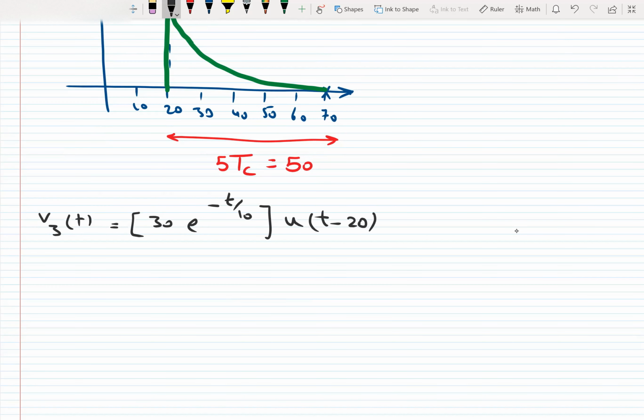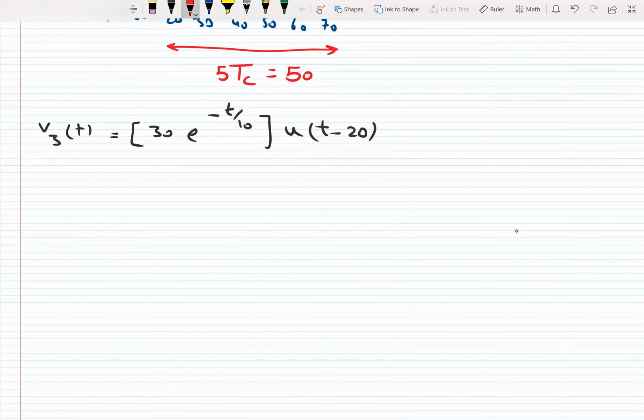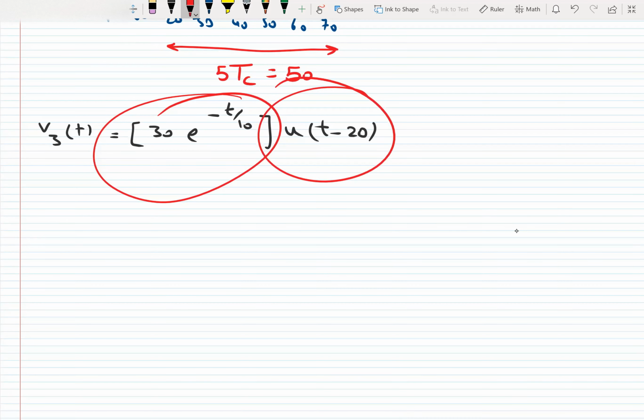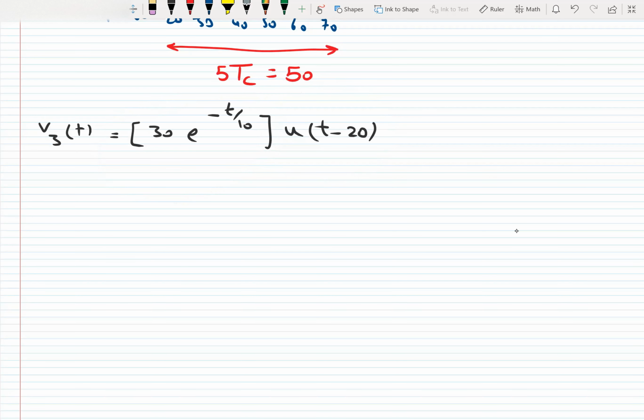This one is a little tricky, because if we look at this function, we see that the unit step is shifted by 20, but the exponential function has no shift. So the exponential function starts from t equal to 0. What we should do is, we know that the function starts from t equal to 0, but it will be cut by the unit step, and it will be shown from t equal to 20. So let's do that.